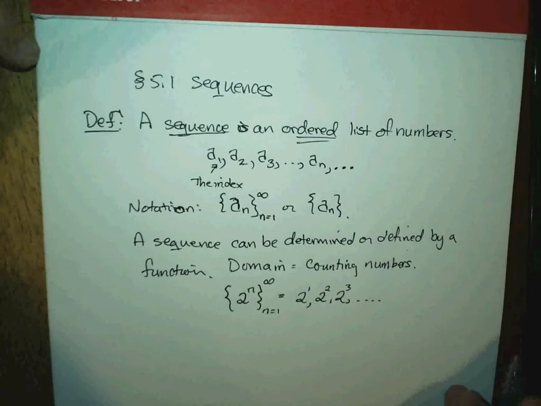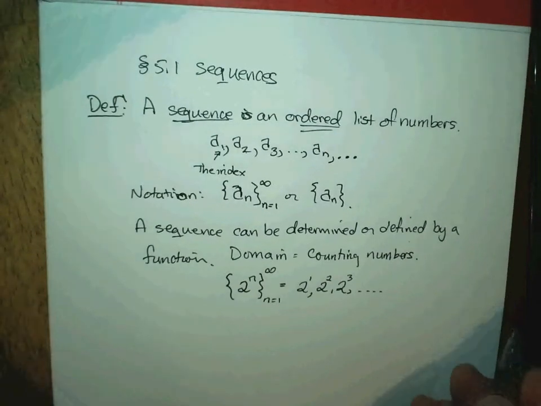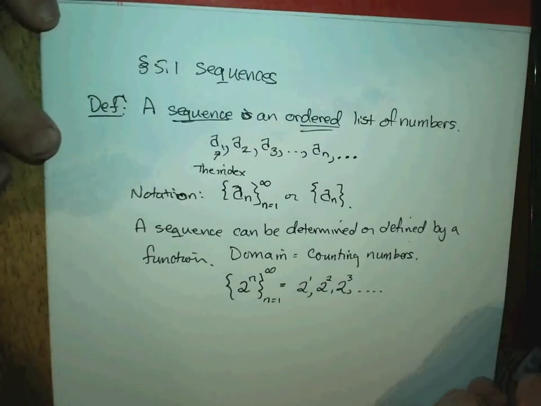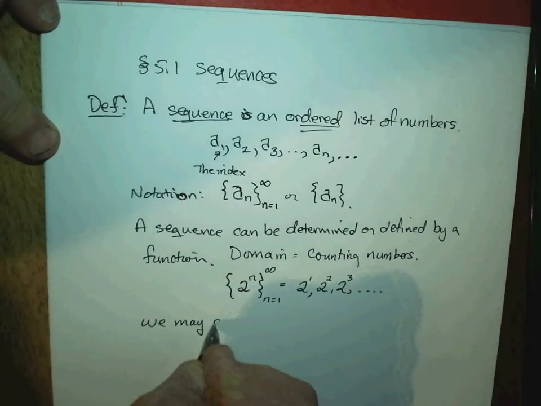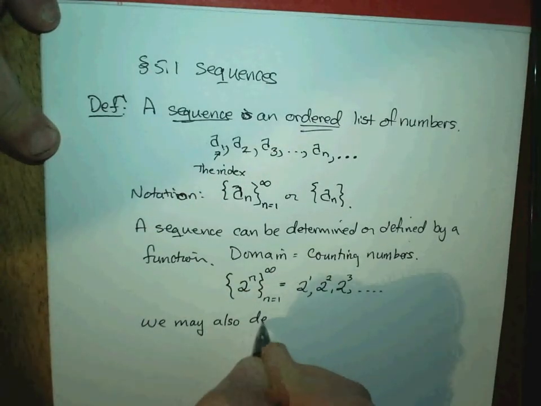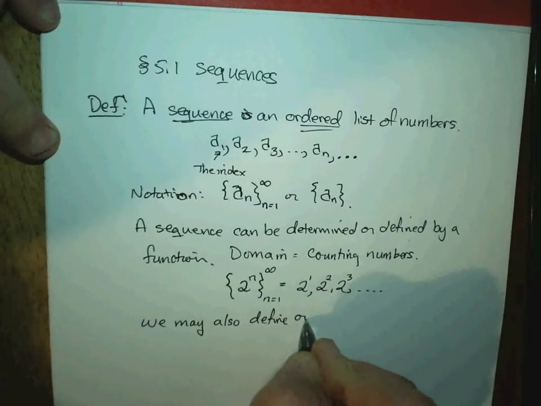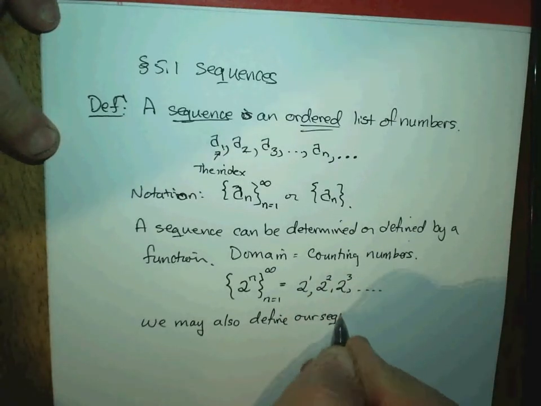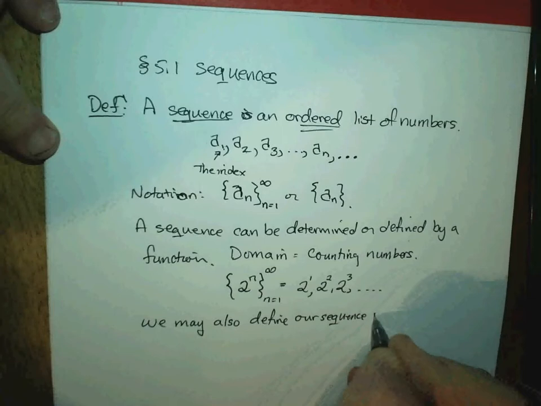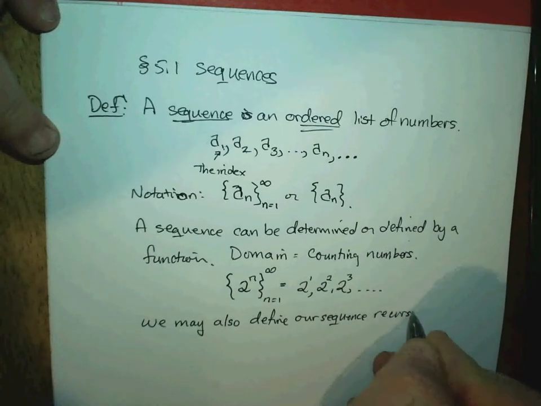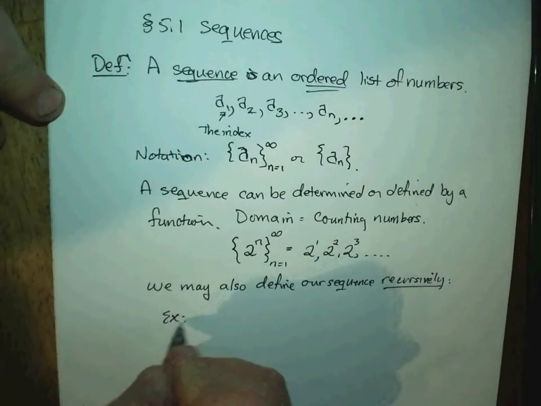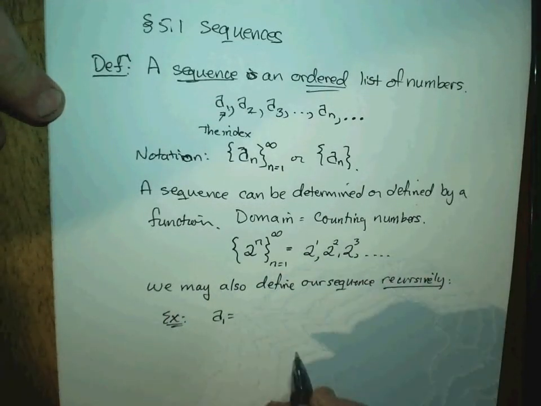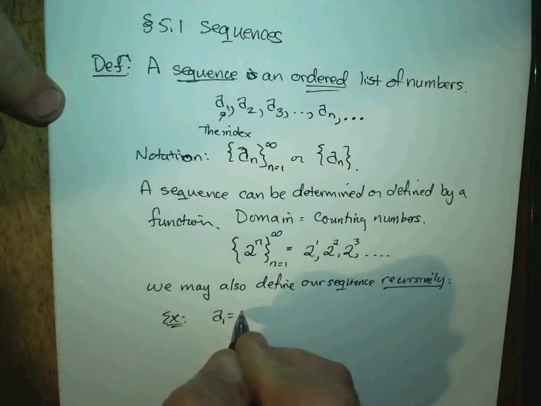Now, sometimes we may define our sequence recursively. What that means is we'll give you a first term to the sequence. Maybe we'll give you, say, a sub 1 is 2.